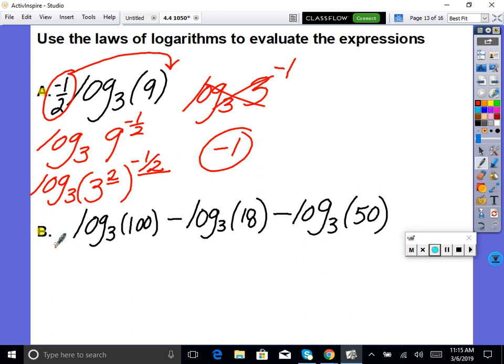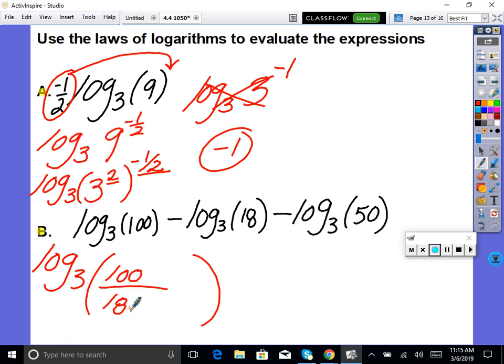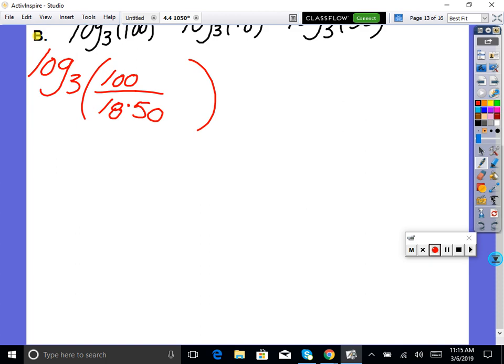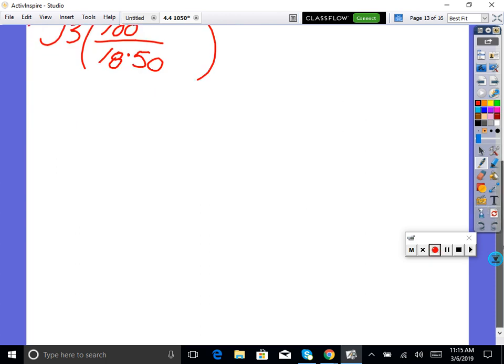All right, so same idea here, guys. Look, log base 3 of, we have 100, and then divided by, we have an 18, and then on the bottom is also 50. Now you'd have to do this by hand because your calculator cannot convert things back to fractions for you. So looking at this, isn't 100 over 50 2 over 1?